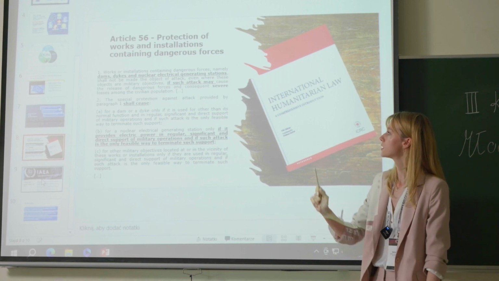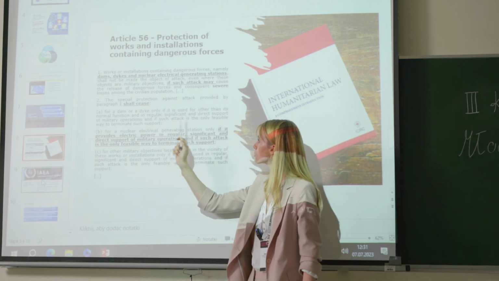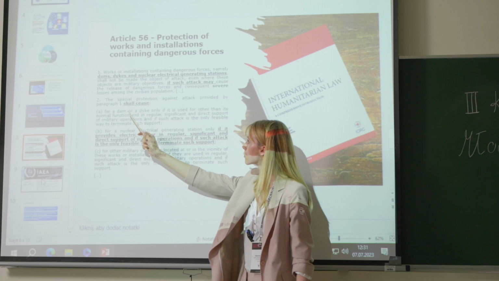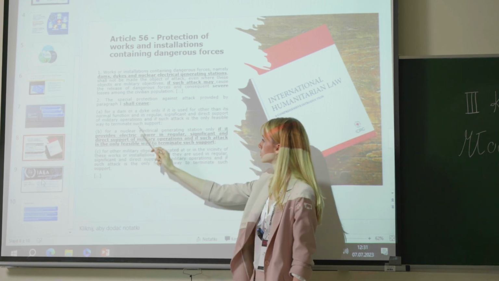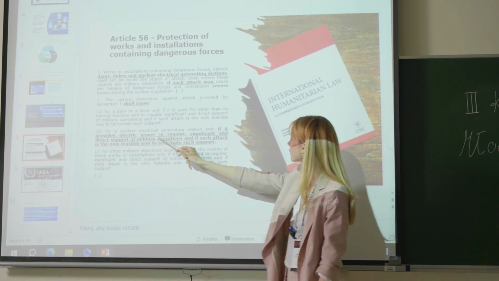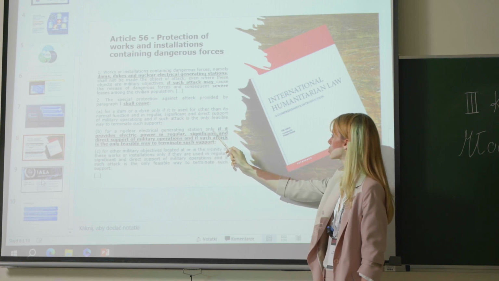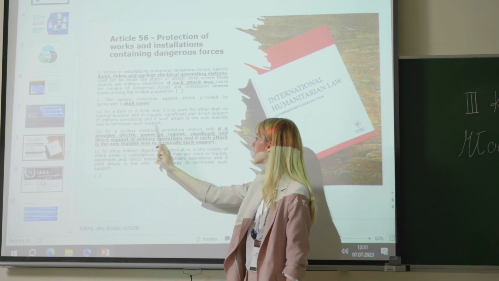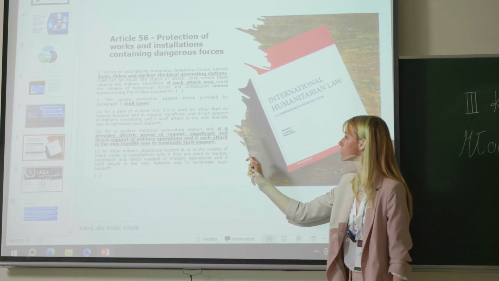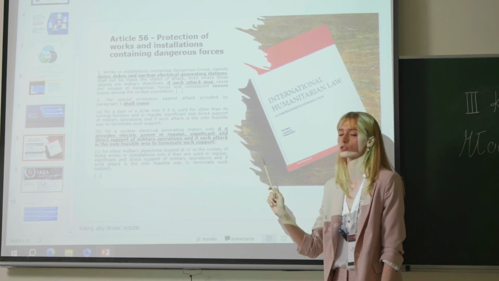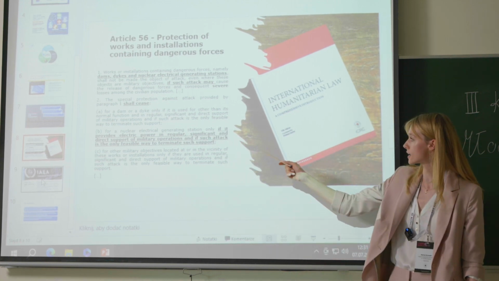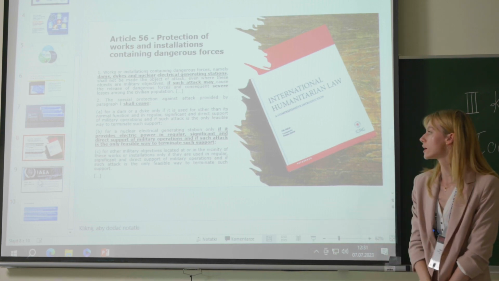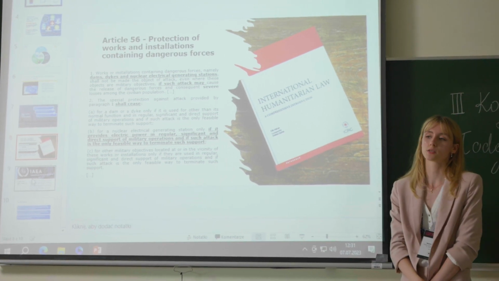Cool, nice. Second point: the special protection against attack provided by paragraph 1 shall cease for a nuclear electrical generating station only if it provides electric power in regular, significant, and direct support of military operations, and if such attack is the only feasible way to terminate such support. Why is this a problem?